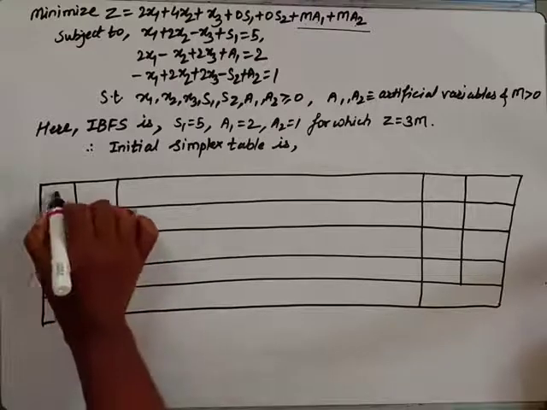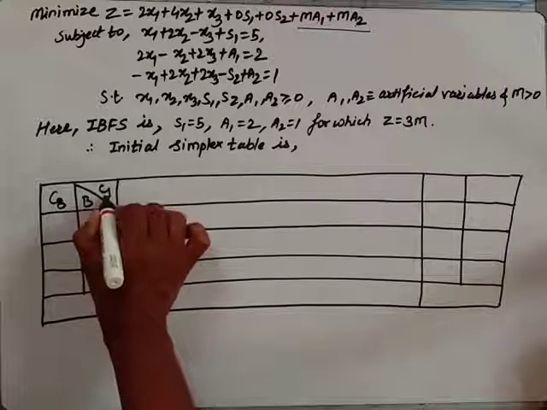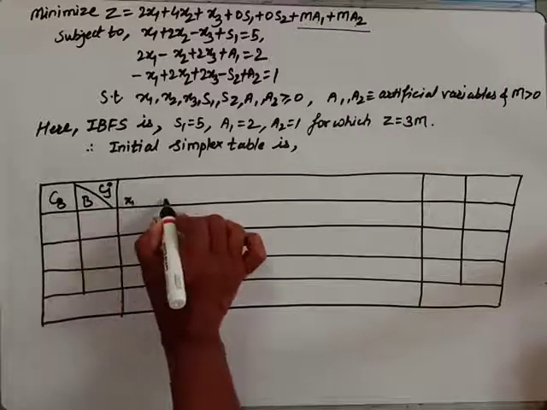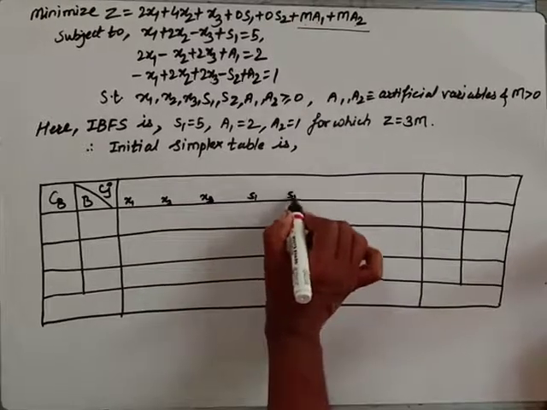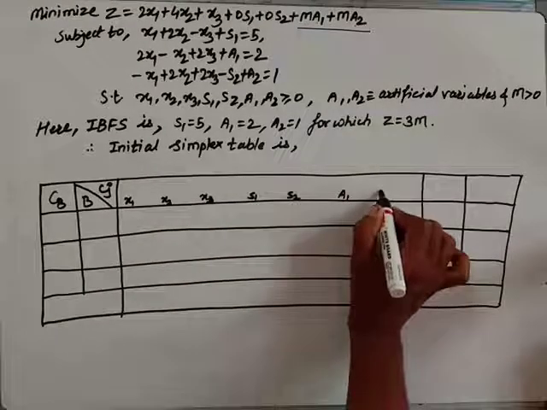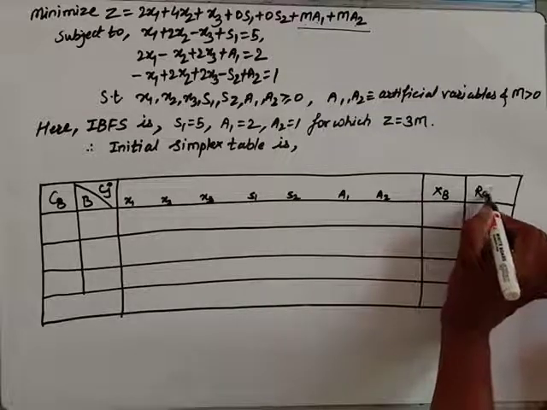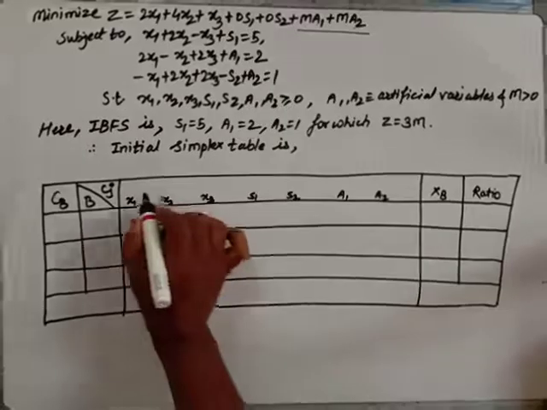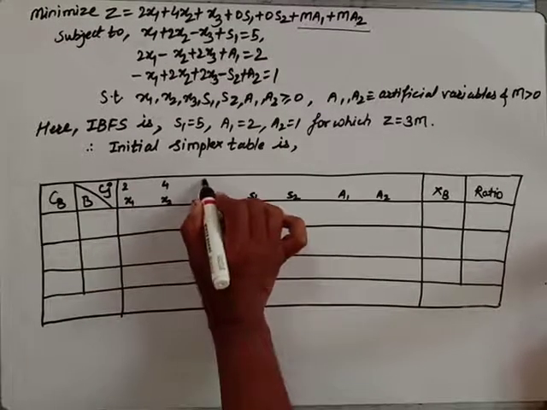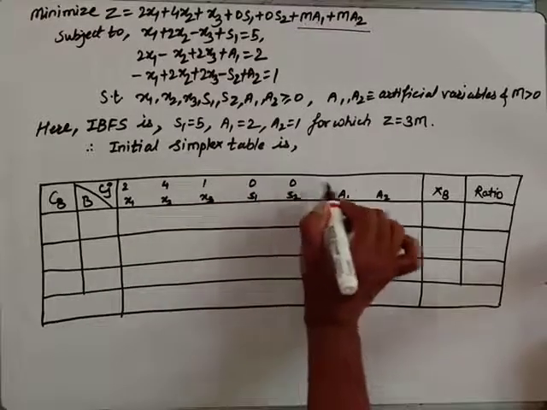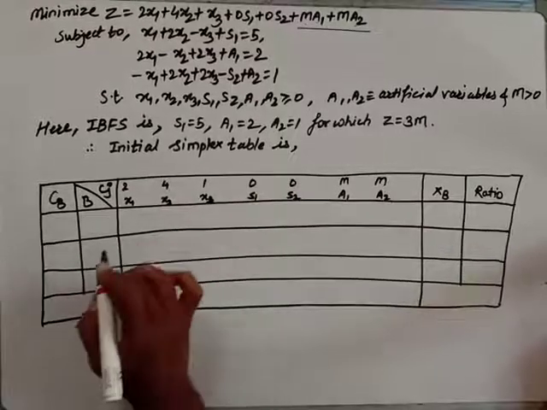So here CB, B, CJ, X1, X2, X3, S1, S2, A1, A2, here XB, ratio. Now the coefficients of X1, X2, X3 and all other variables are 2, 4, 1, 0, 0, M and M. This is from the objective function.